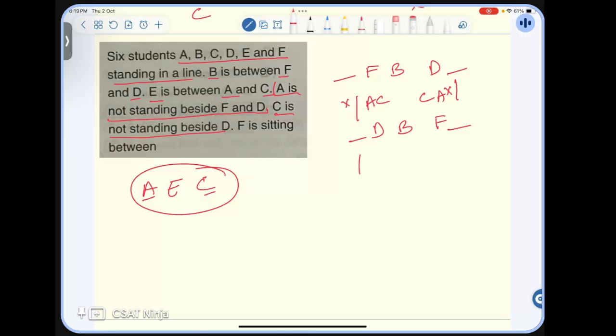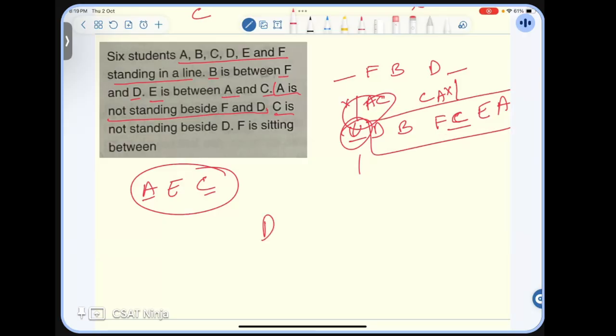In this option, I cannot put any value here, so I can put something here. I can put C here because C can be next to F, E, and A is one of the options there. I'll just rewrite again: D, B, F, C, E, A. So let's cross check.